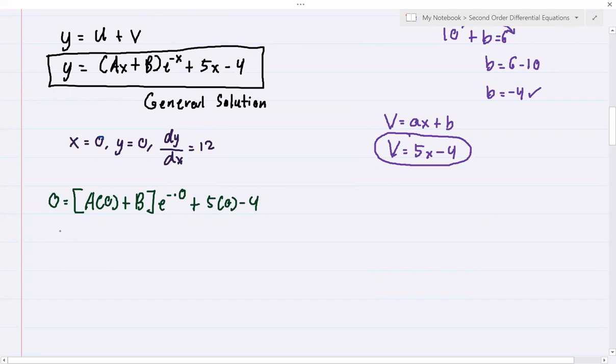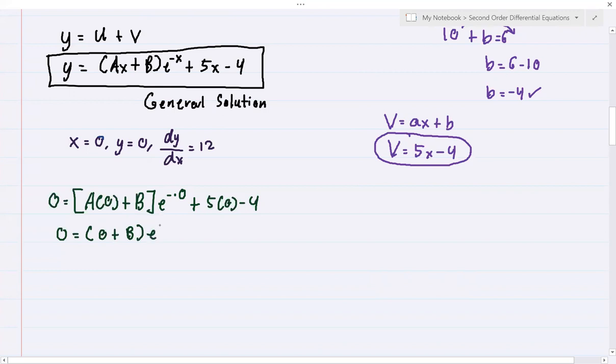With simplification, a times 0 is 0, so 0 plus b times e raised to 0.